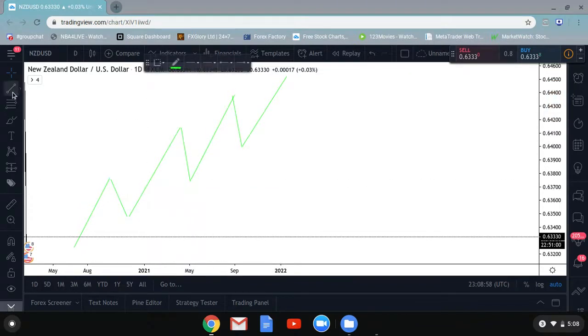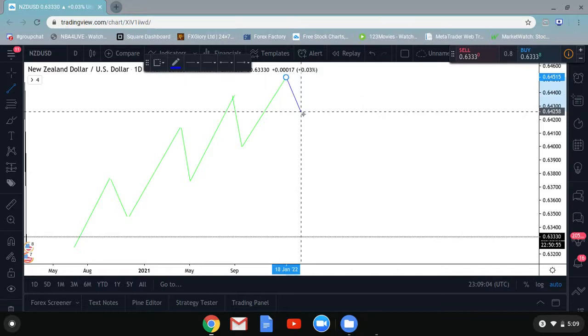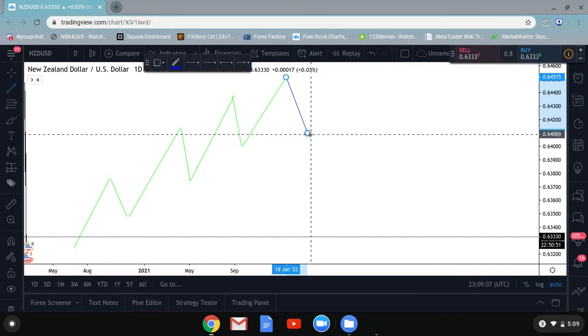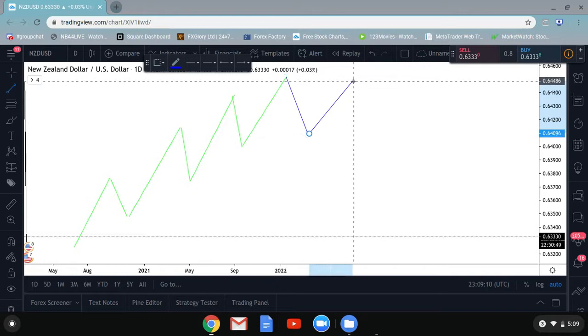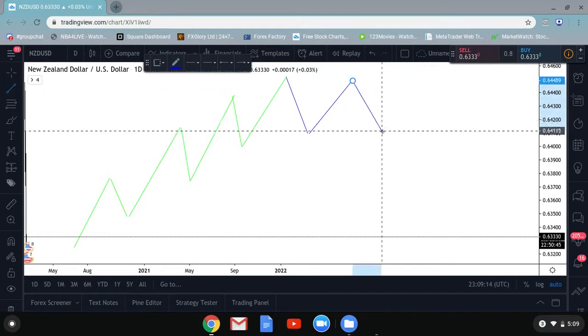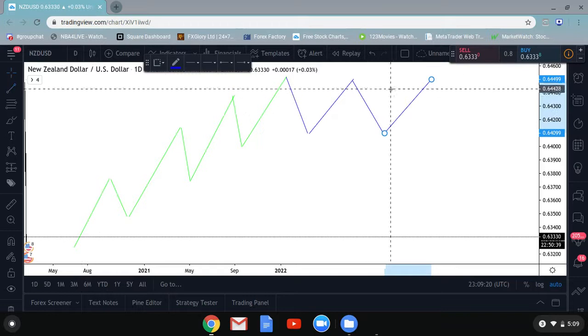You could have something like this, price turns, and then it could begin to do something like this, ranging back and forth.